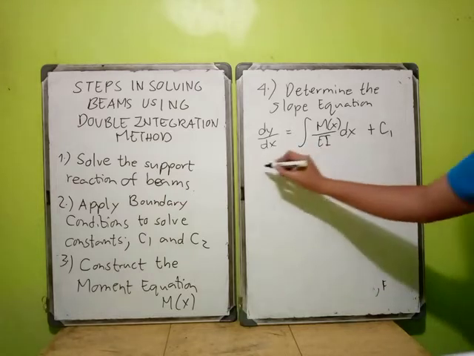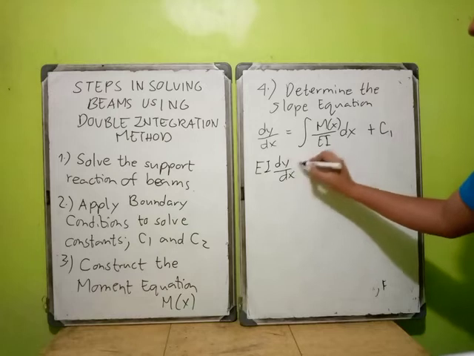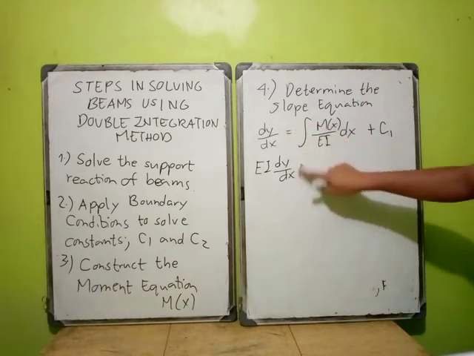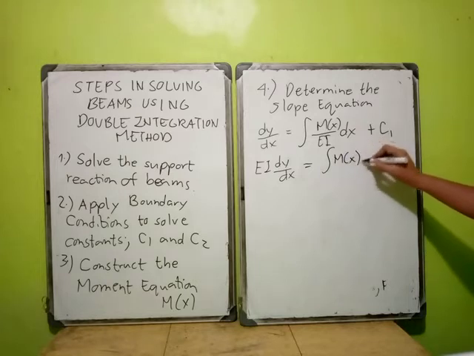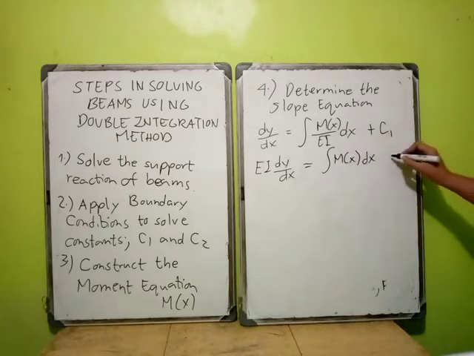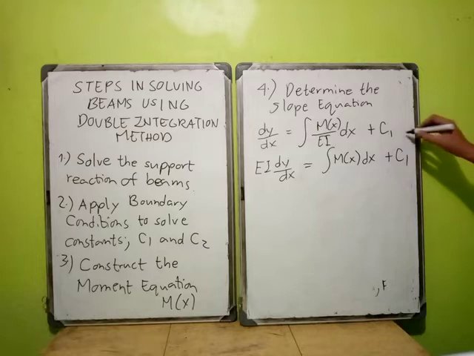Okay, so in other books, you can also use this one. Instead of using this equation, you can also use this equation. You can use this equation. However, the C1 here and the C1 here are not equal.